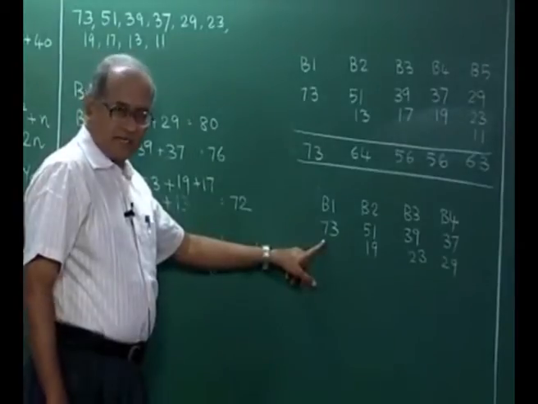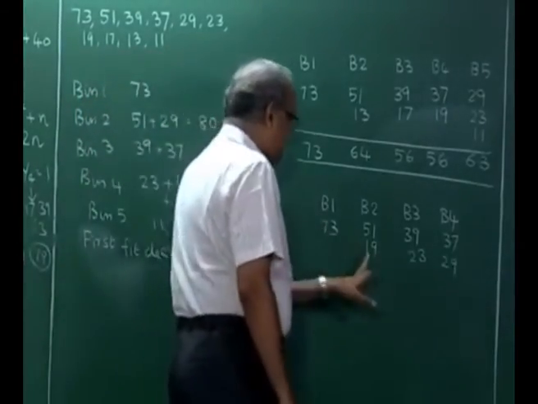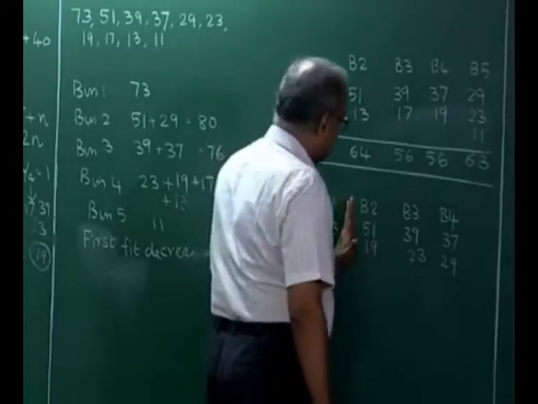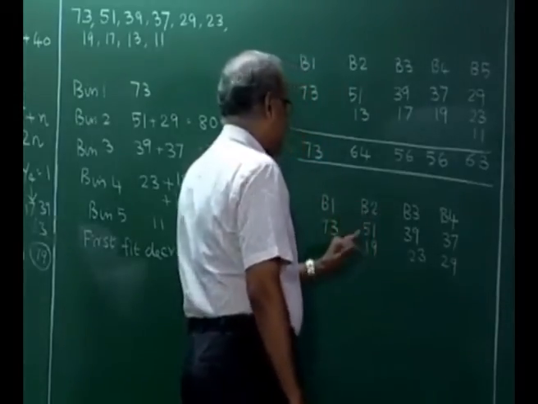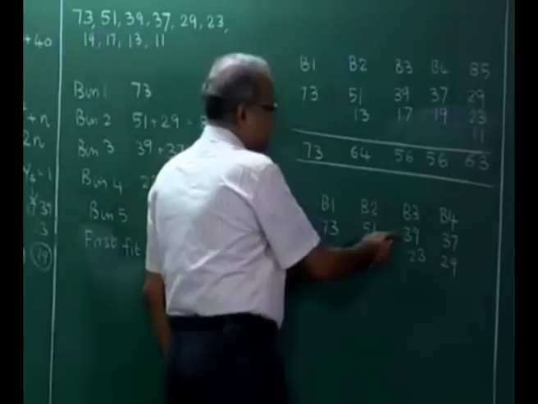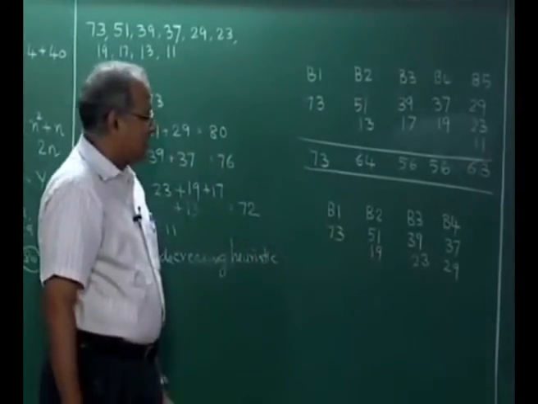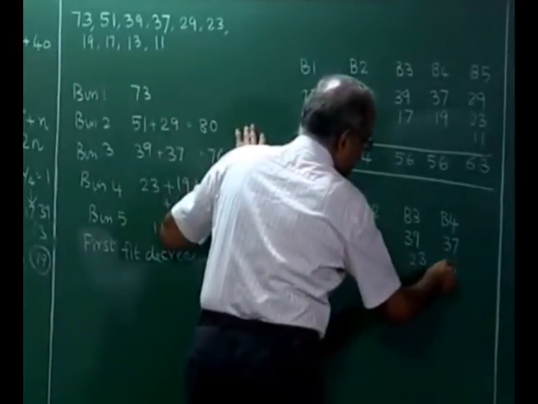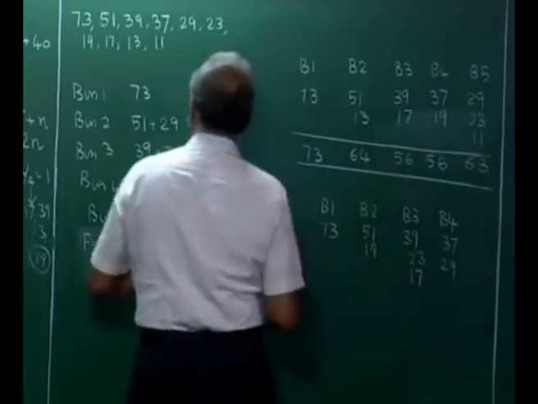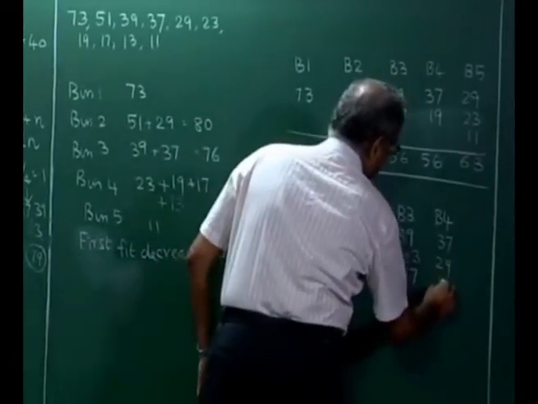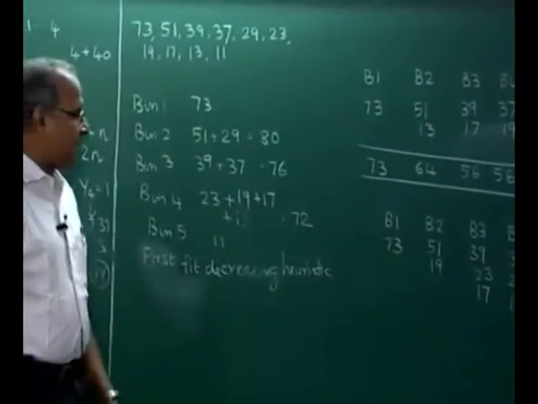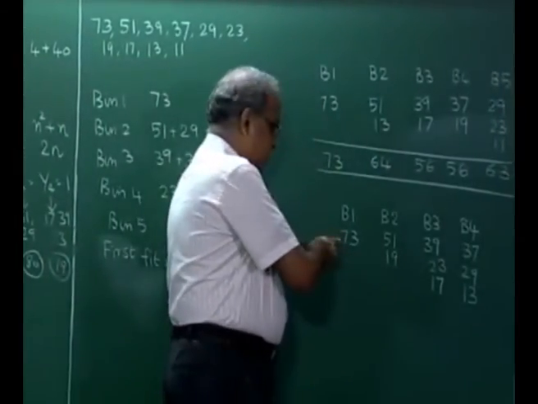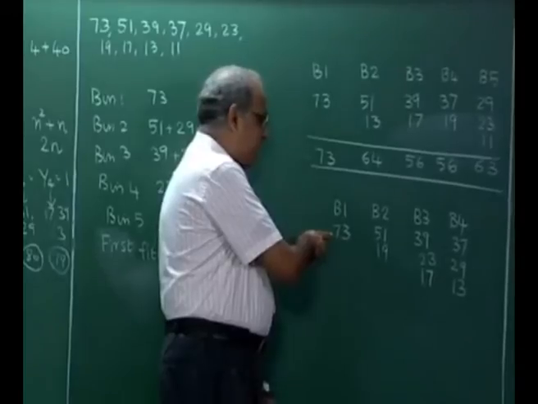17 cannot come here because it will exceed 80, since 70 plus 17 will exceed. 39 plus 23 is 62, so 62 can handle this 17, this is 66, so this will get this 13, and then we do not have a place to put this 11, because the load will exceed 80 if we add 11.